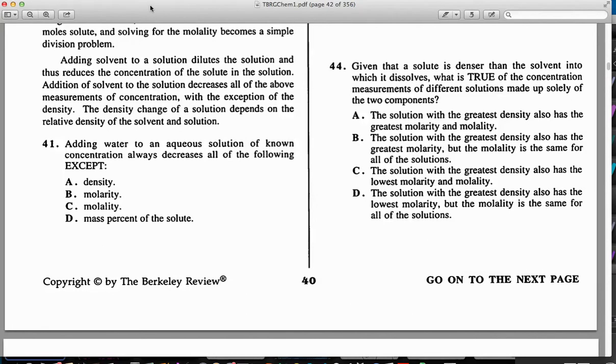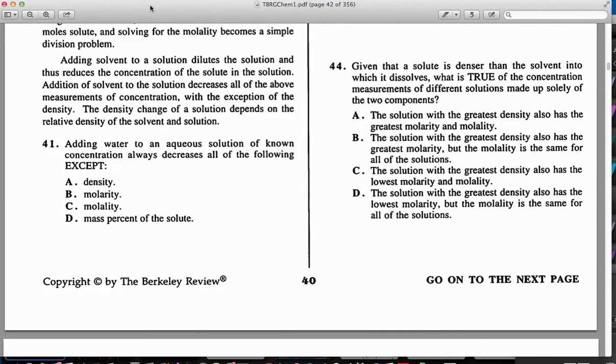All right, number 44. Given that a solute is denser than the solvent into which it dissolves, what is true of the concentration measurements of different solutions made up solely of the two components? The solute is denser.